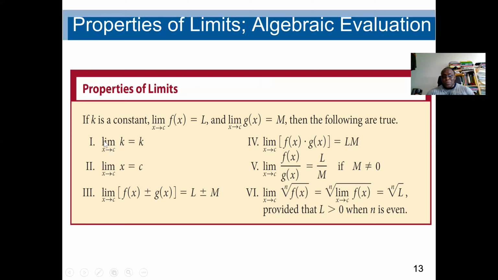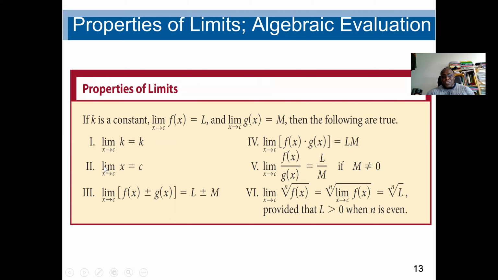So here we say the limit of k as x approaches c is equal to k. If I have the limit of 5x as x approaches 2, then it will be 5 times 2, which is 10. But if I have the limit of 5 as x approaches 2, the answer will still be 5 because we don't have a variable x in our function.